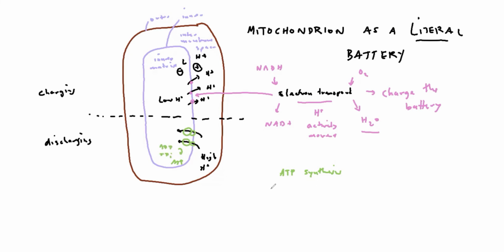Okay. ATP synthesis, ADP and phosphate in, ATP out. This is going to be driven by the energy potential that comes from the high concentration in the intermembrane space to low hydrogen ion concentration in the inner matrix.